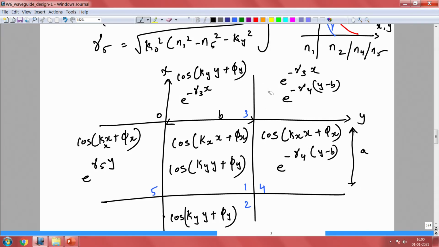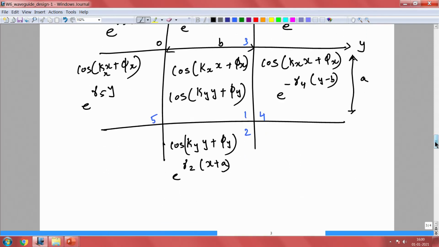This is coupled. So, similarly here e to the power of minus gamma 3 x and e to the power gamma 5 times y, and at the bottom we have e to the power of minus gamma 4 y minus b, e to the power of gamma 2 x plus a, and here e to the power of gamma 5 y and e to the power gamma 2 x plus a.